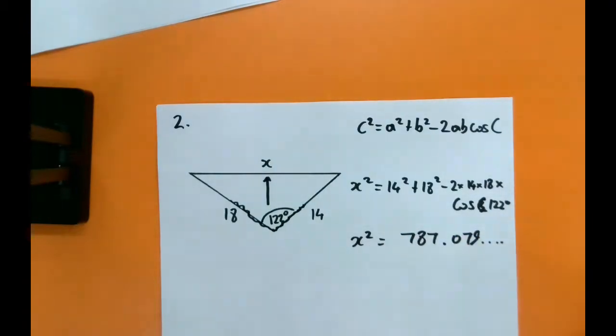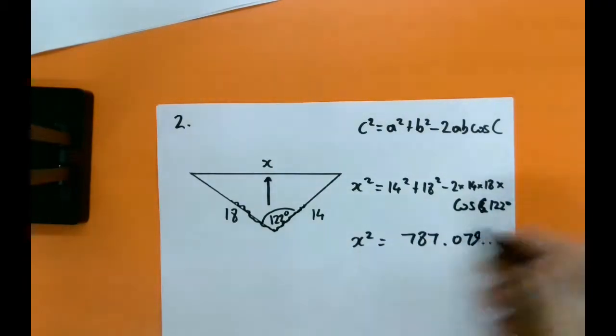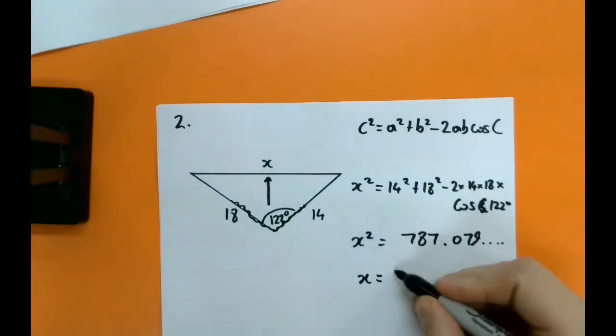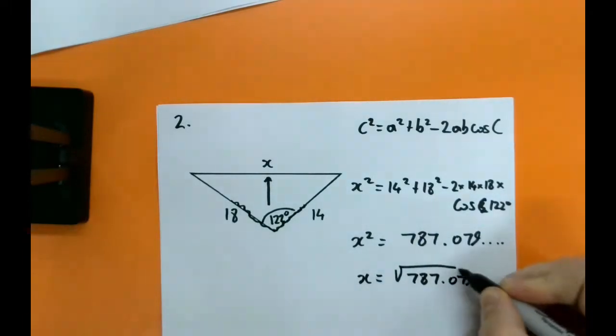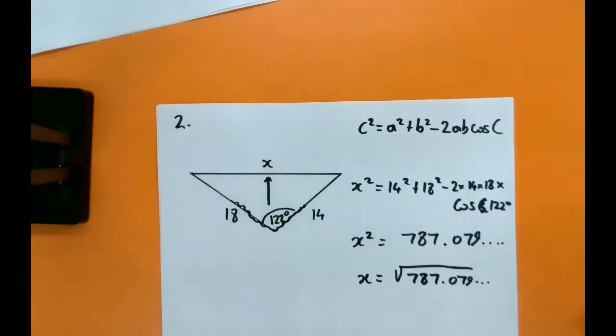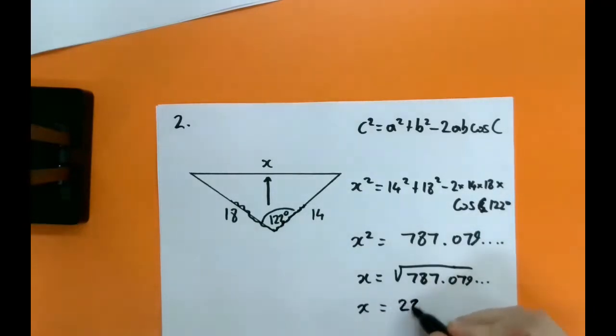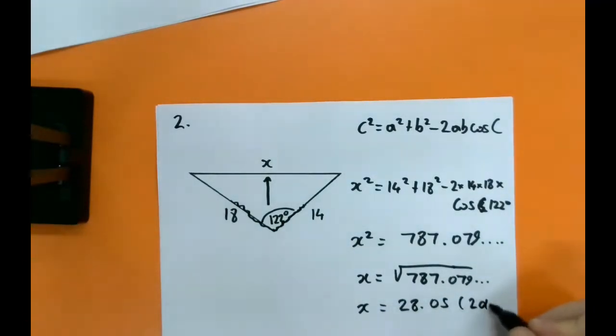We're trying to get x by itself, so we square root both sides. We then become left with x is equal to the square root of 787.079, continuing on underneath the square root. And your final answer should be x is equal to 28.05 to 2 decimal places.